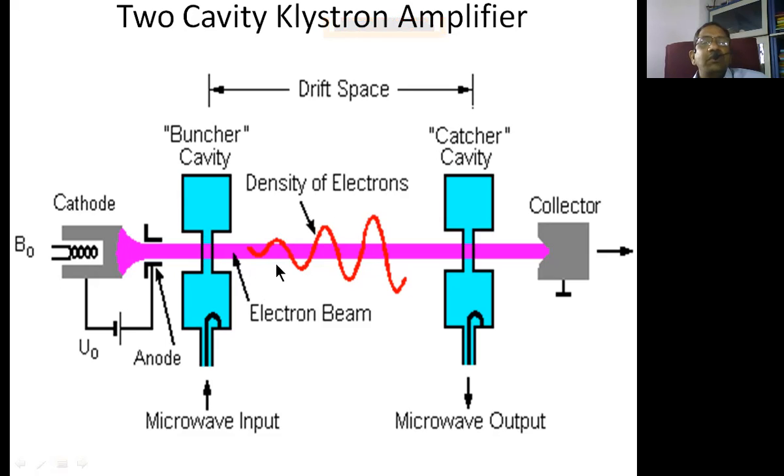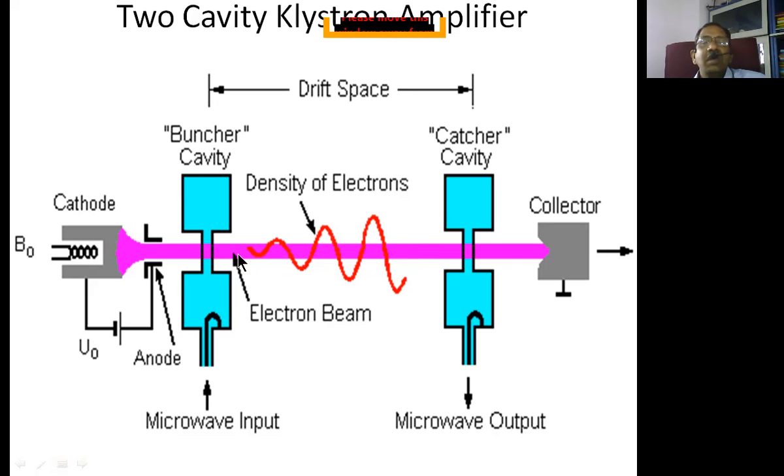The forming of these bunches is due to the velocity modulation. So because of this velocity modulation, many bunches are normally going to get formed, and intermediate to this buncher and catcher cavity, the amplitude of the signal is normally going to increase like this.